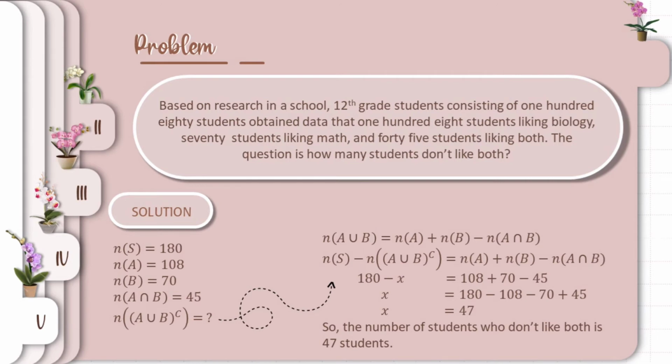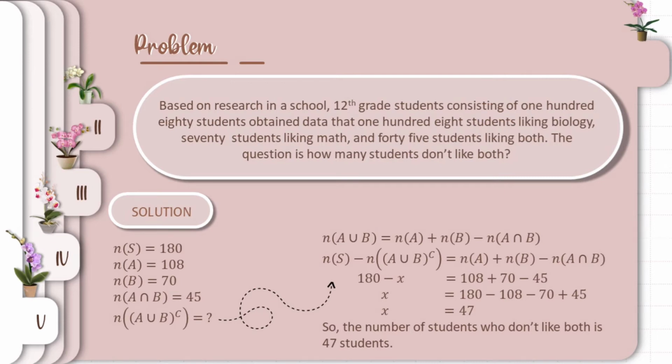So, the cardinality of A union B is equivalent to the total number of students minus the number of students who don't like both. And now we know that the total number of students minus the number of students who dislike both is equal to the number of students who like biology plus the number of students who like math minus the number of students who like both.